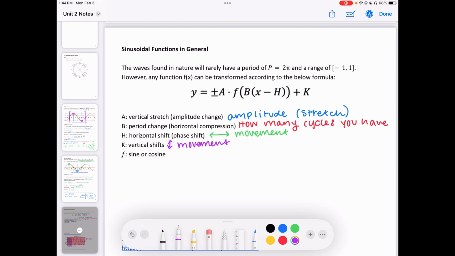And F is really just sine or cosine, so you could replace it with either. The one other thing worth noting is that A could be positive or negative. A negative will be a reflection over the x-axis. Okay, so that'll be important.